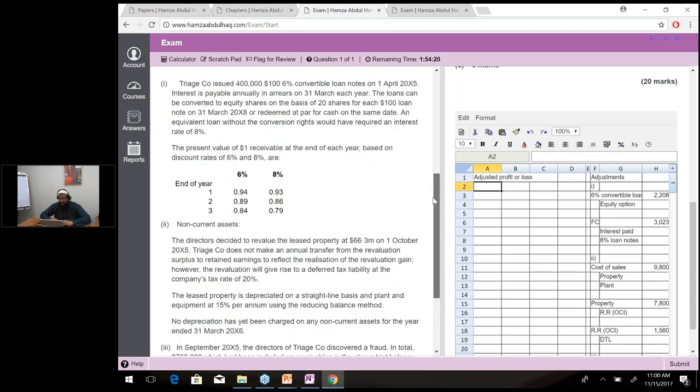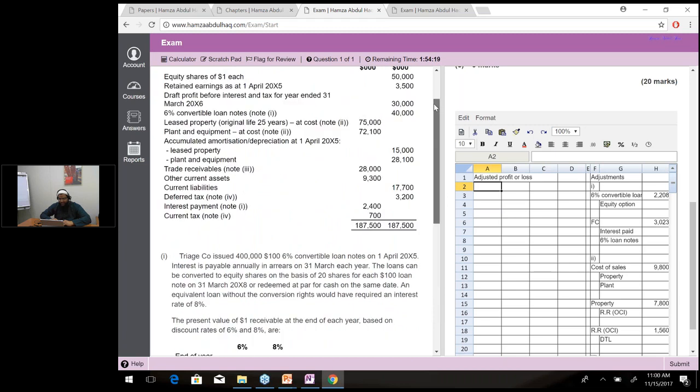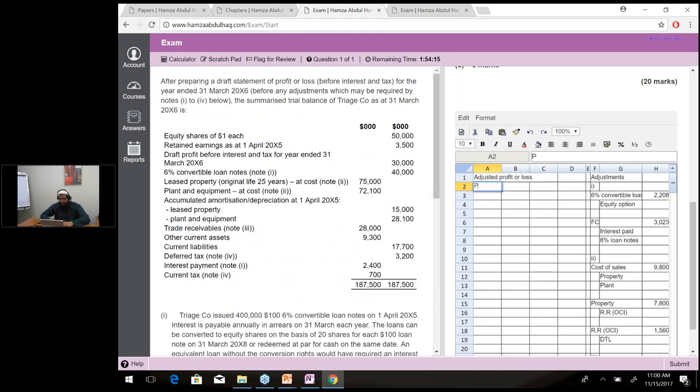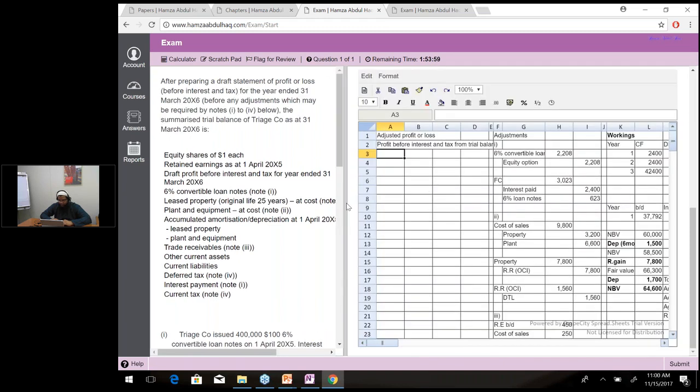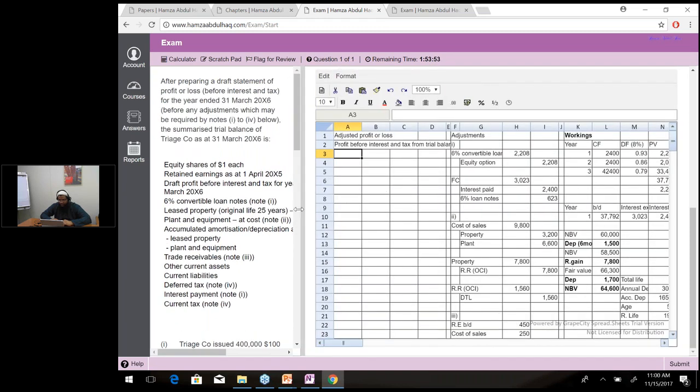So let's start the first requirement of the question, which was to calculate the adjusted profit. I'm writing profit before interest and tax from the trial balance. This is the value from the trial balance. I'm minimizing the screen so that I can get more of the spreadsheet.